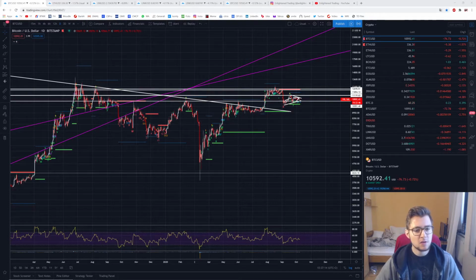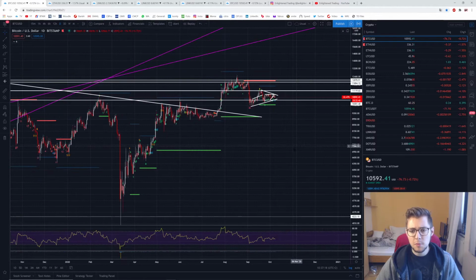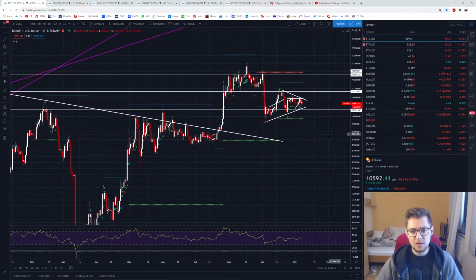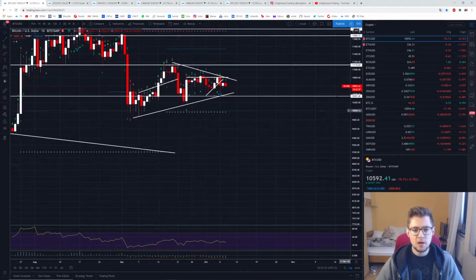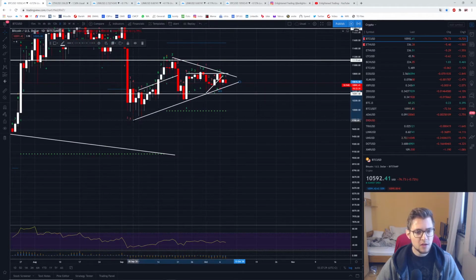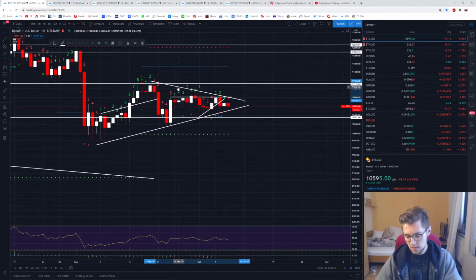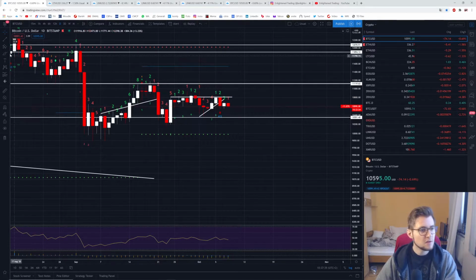Okay, so here looking at the price of Bitcoin. So where are we? Well, we are still in this trading range here. And we can now possibly do something like this, where we establish a symmetrical triangle, and we could then delete some of these, for example, and move a triangle over.